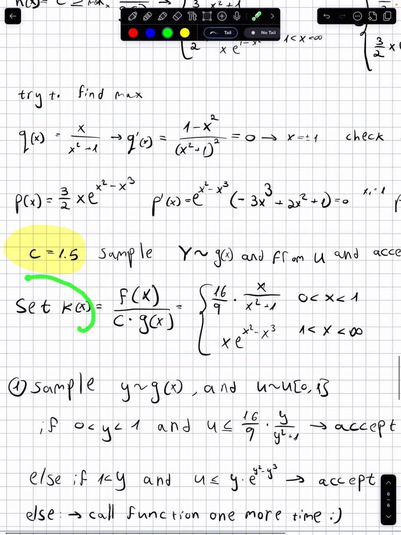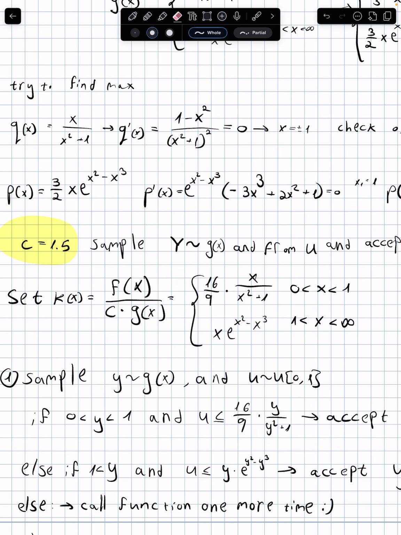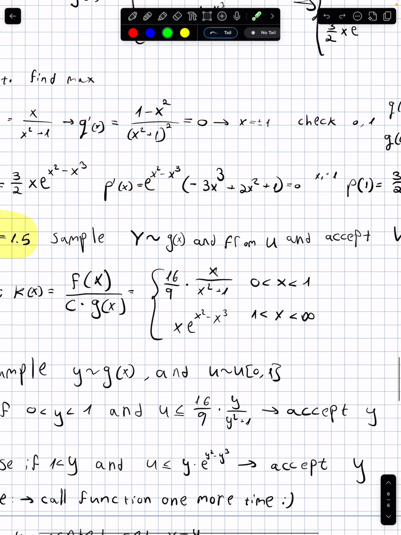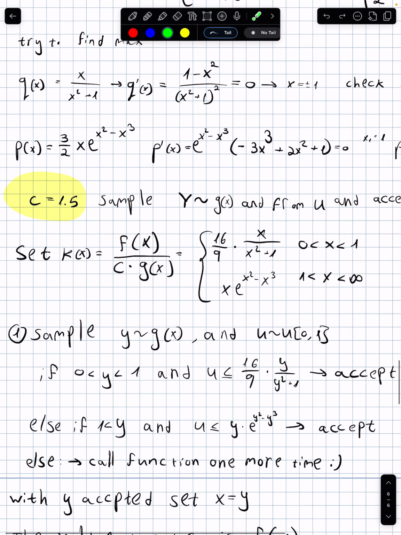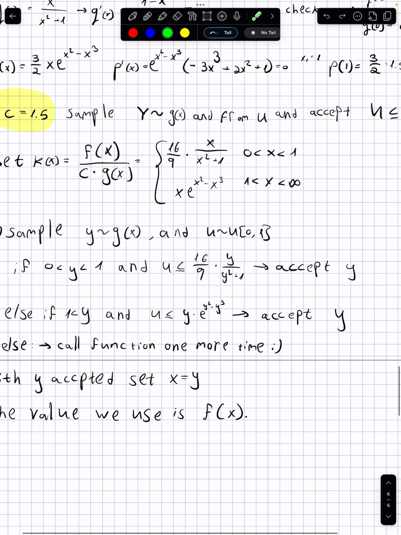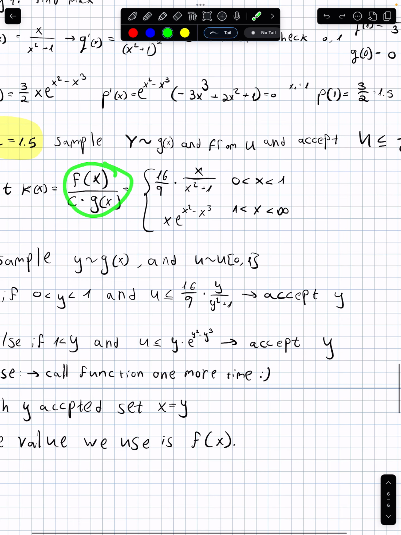So now we'll set k of x, that will be f of x divided by c times g of x, just for convenience, and I just rewrote it here. So the value of k of x, just so it's easier for you to understand, I just wrote this ratio, so it's easier for you to actually put the values.